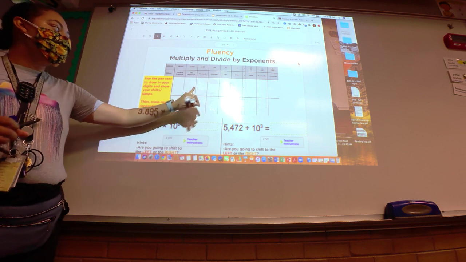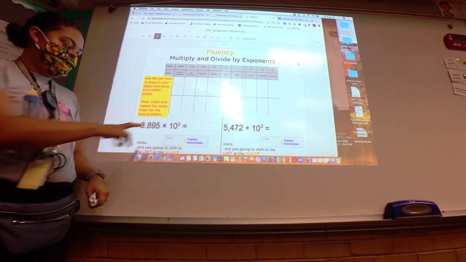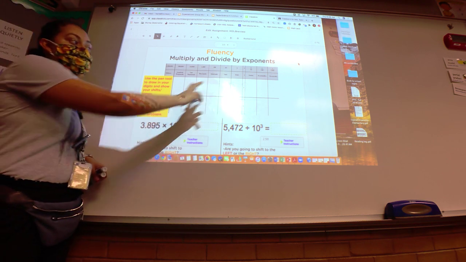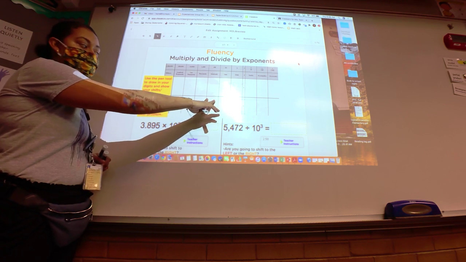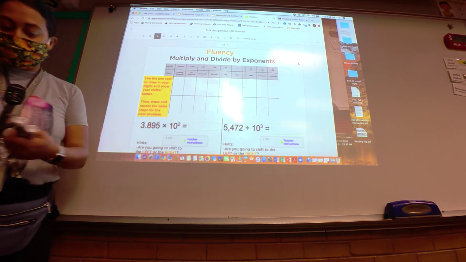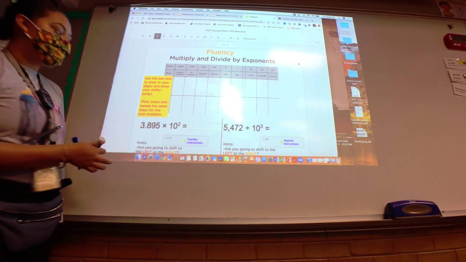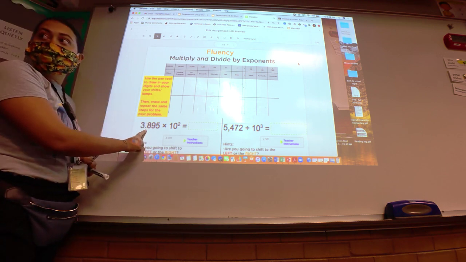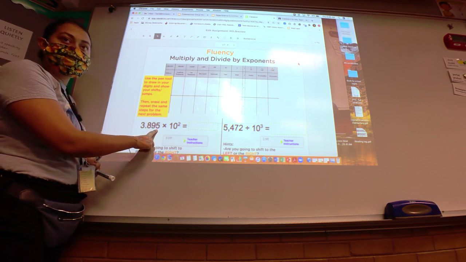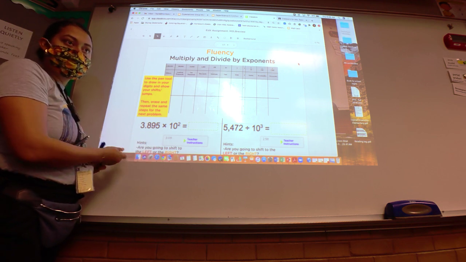So use the pen tool to draw in your digits. So for the first problem, plug in your digits into the correct place value. Then show your shifts/jumps. So first problem is 3 and 895 thousandths.